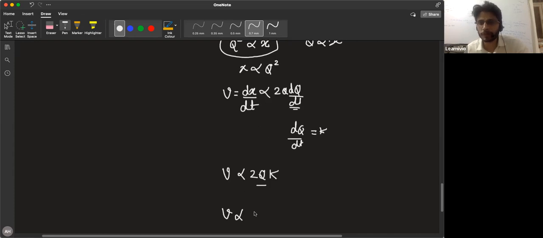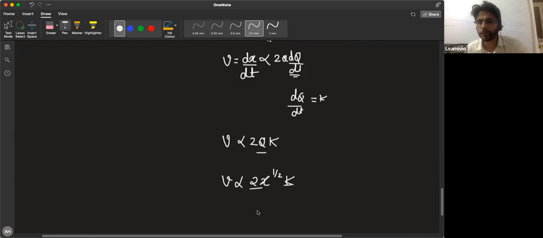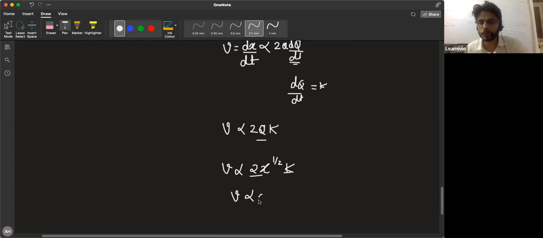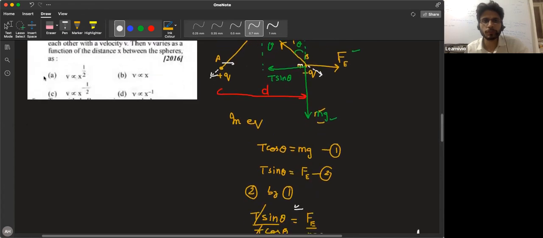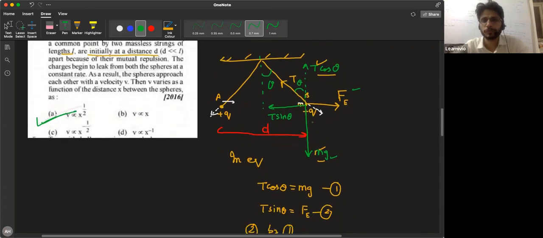So v is proportional to 2x to the power half into k. Constants have no importance, proportionality is given. So the correct option is v proportional to x to the power half. That's option number 8. Note it down.